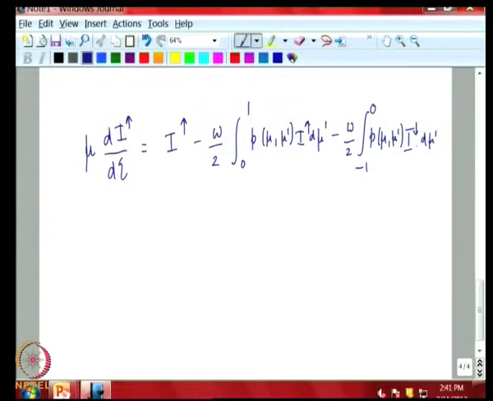And so, what you have done here is that the intensity in the upward direction depends on what is already in the upward direction, and times the radiation scattered in the upward direction by particles from radiation traveling upwards, and also radiation which is scattered upwards from the downward going radiation. So, both these are accounted for in this calculation.